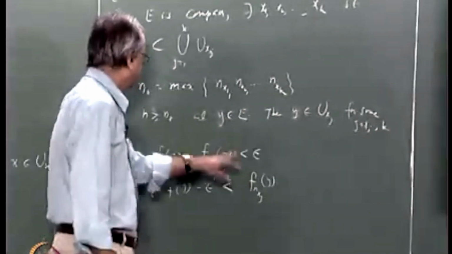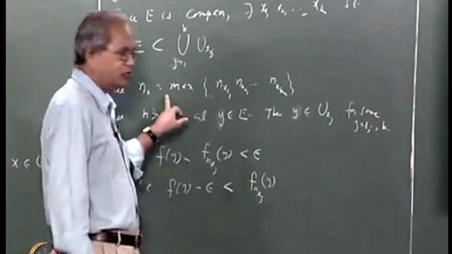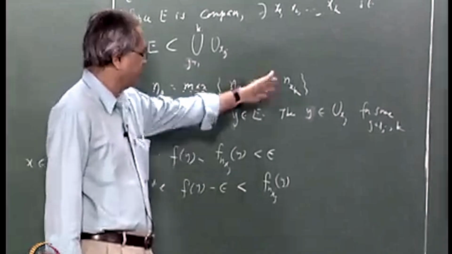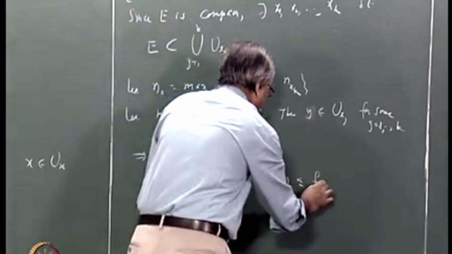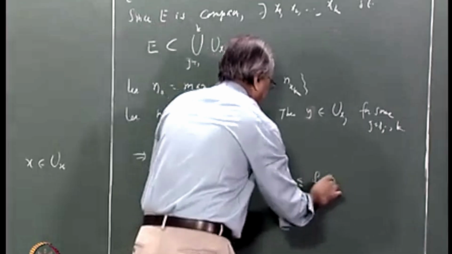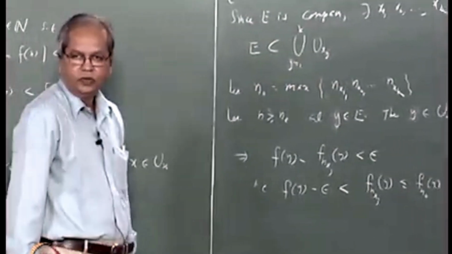Now what is the relationship between this n_{xj} and n0? This is less than or equal to n0, since n0 is the maximum of these. So I can say that this is less than or equal to f_{n0}(y).